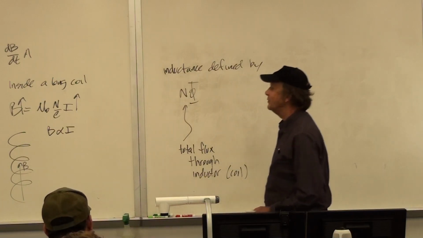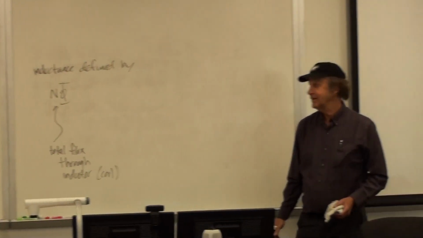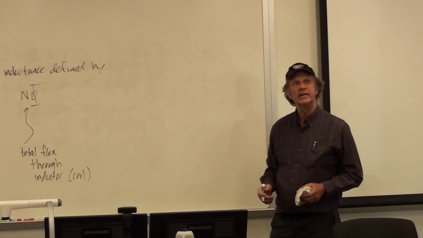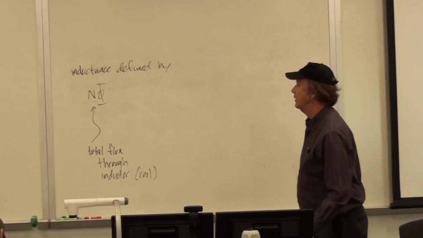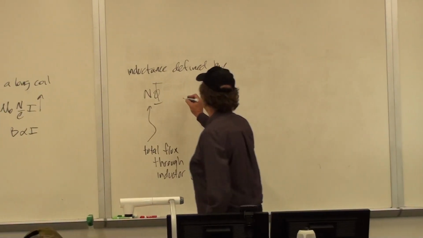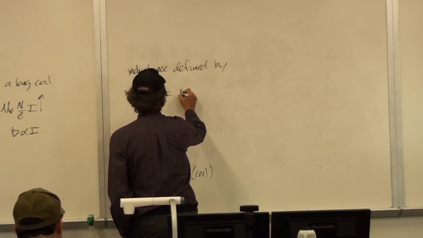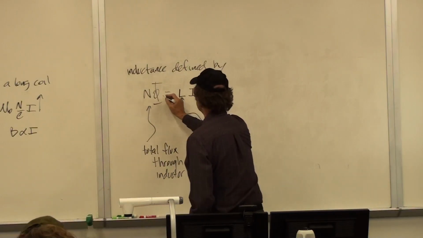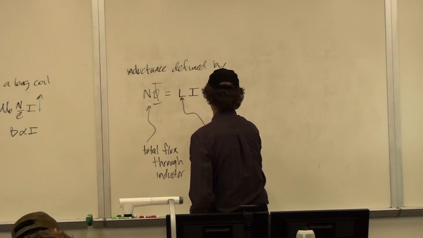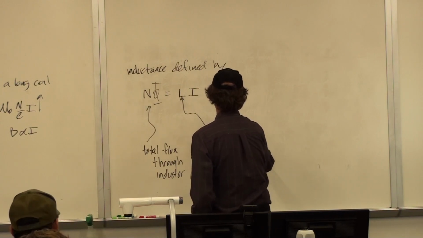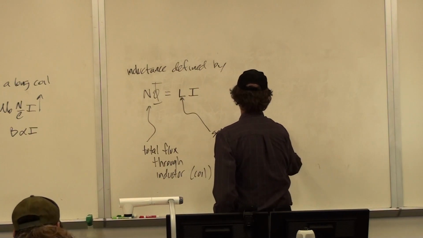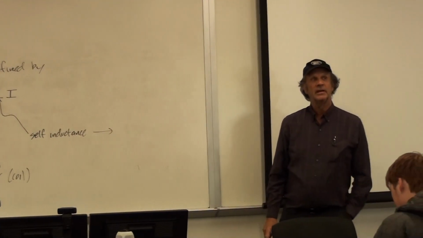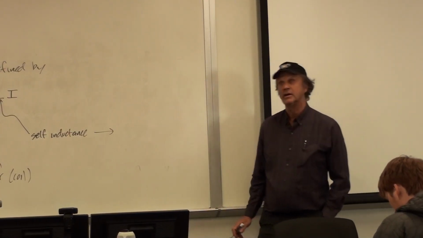I'm calling it an inductor, but it's some kind of a coil usually. Okay, so it's like a coil of wire. A long straight coil is the simplest kind of inductor, but I'll show you how to calculate the inductance for a toroidal coil in a little while as well. So N phi is proportional to the current, and that proportionality constant is L. So this is the proportionality constant between the total flux and the current. And as we'll see, the self-inductance, as was the case for the capacitance, is just a function of the geometry of the coils.